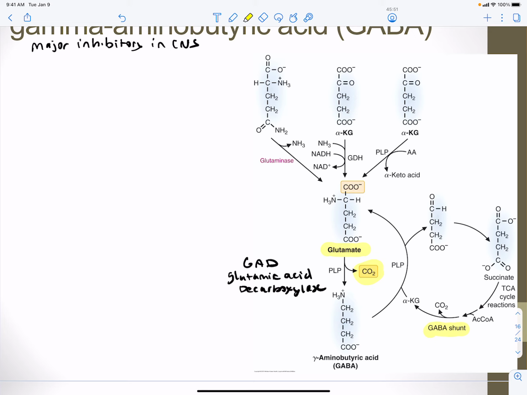So you can see here that you have GABA, and through a transamination reaction, you can go back to glutamate. And then this transamination reaction will also form succinate as an intermediate, which can go back to the TCA cycle, or be regenerated in the GABA shunt back to glutamate, and then you can get GABA made from glutamate.